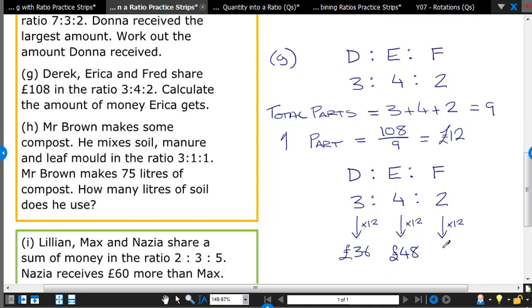Nothing strange there. You're probably used to it by now. And then what you'll know is 36 plus, it's probably easier to add 36 and 24. 36 and 24 is 60. 60 plus 48 is 108. So we did everything right. So that's that.